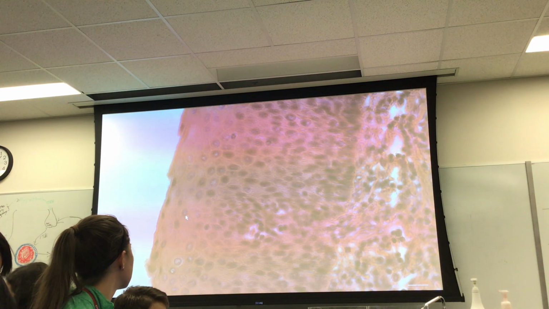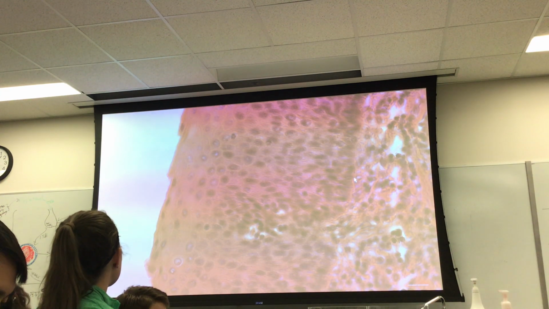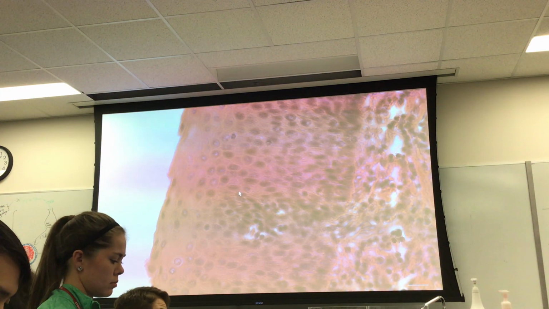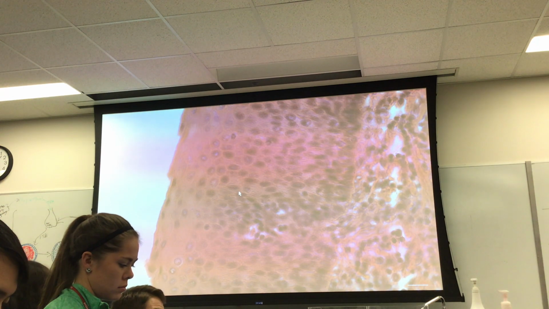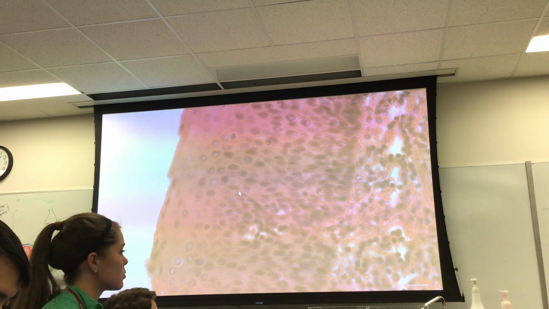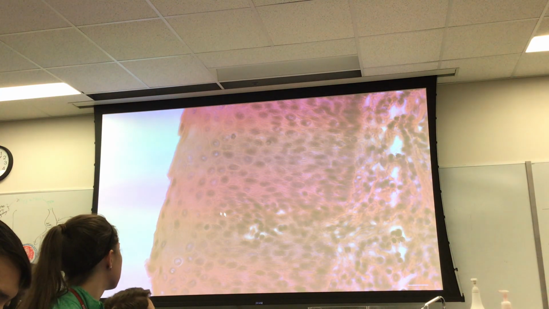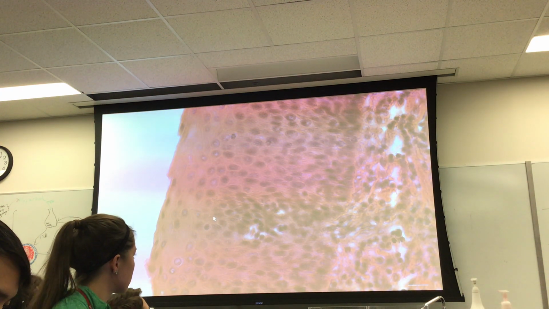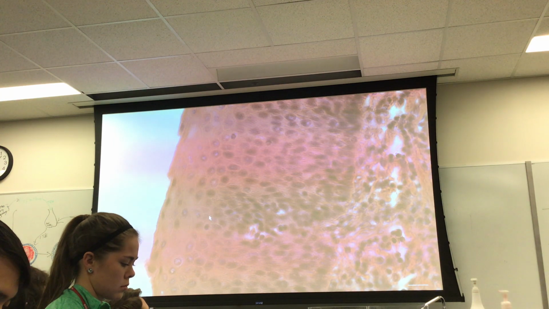No, because remember, if it's columnar, the rectangles have to be perpendicular to the long axis, so it's not that. Stratified cuboidal? No, those cells are not cuboidal. Why do I know that? Because a cuboidal cell will have a round or oval nucleus, not this.